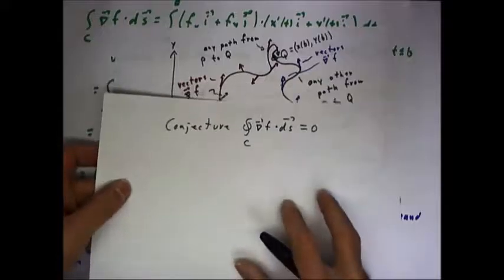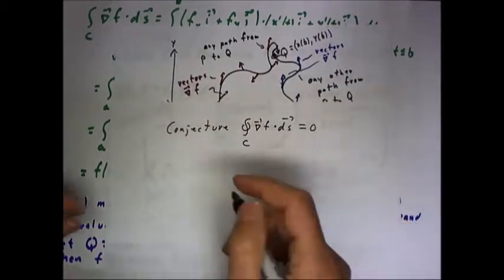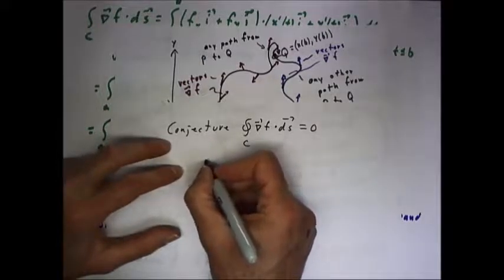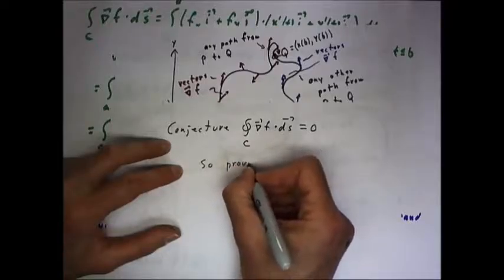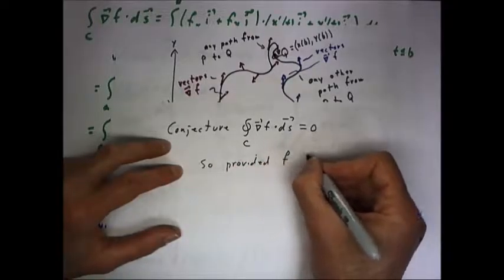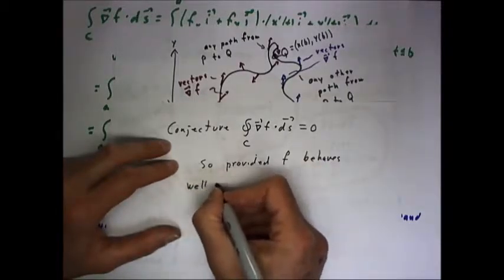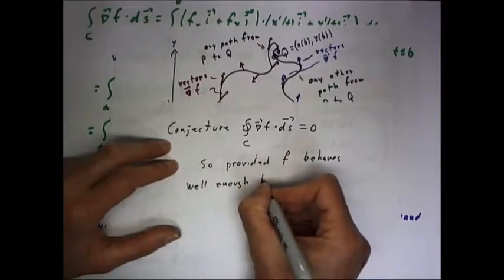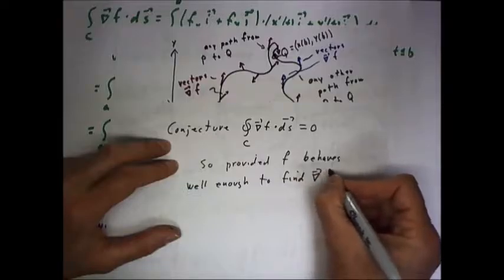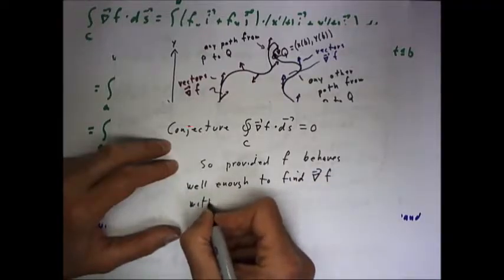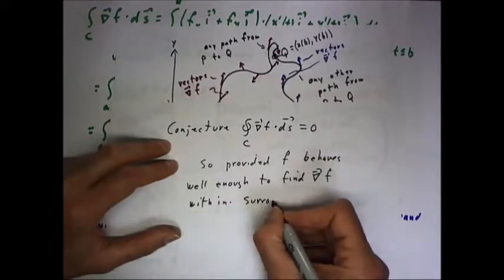Now that depends on the gradient of f being defined everywhere within a certain region, but this is so provided f behaves well enough to define a good del f within some surrounding region.